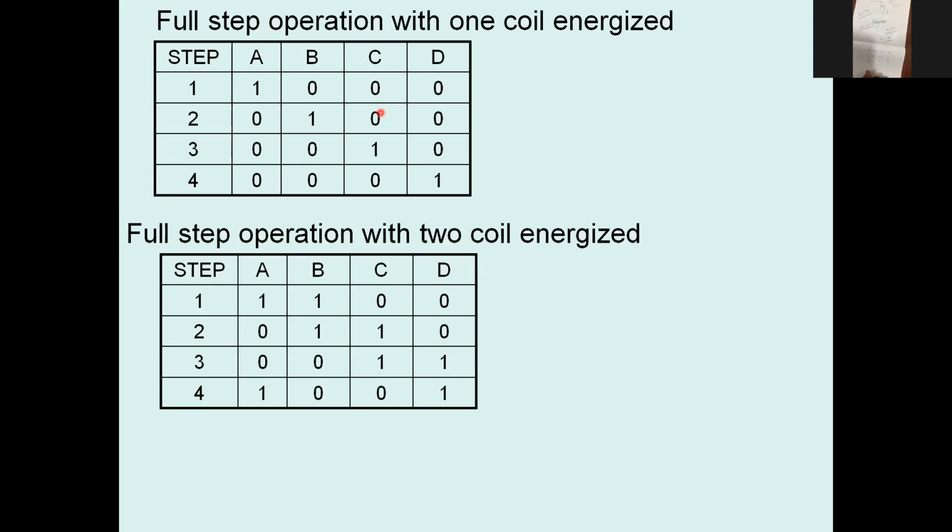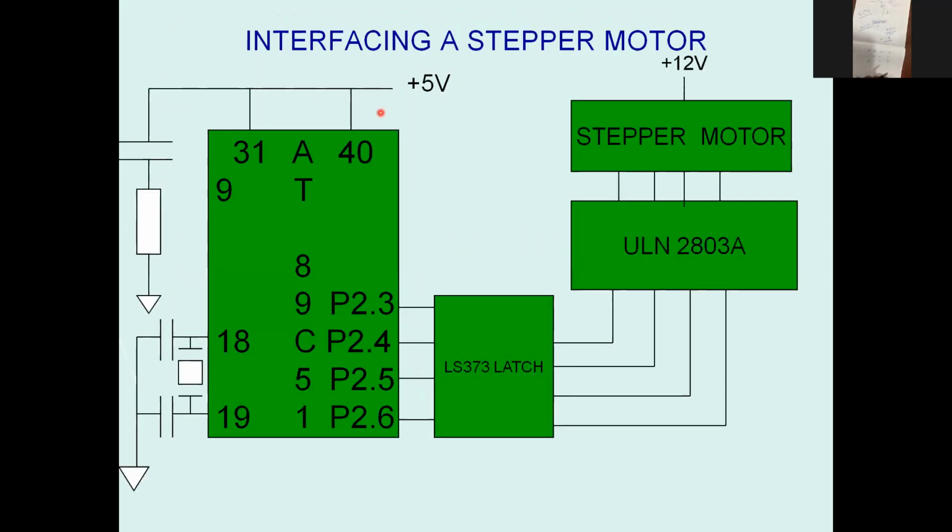Next, which pin is it connected to? A is connected with P2.3, P2.4, P2.5, P2.6, and P2.7. There is a P2.